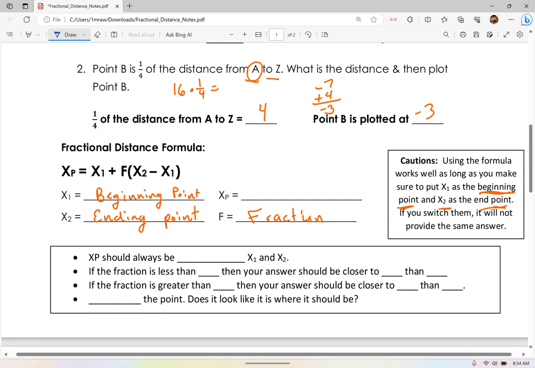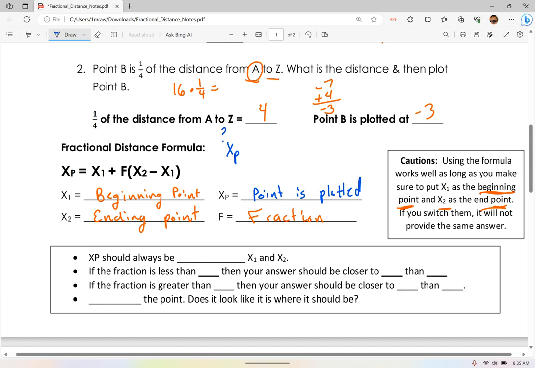Okay, so that's going to be like the distance after the fractional distance, right? So FP is where the point is plotted, right? So if we did this, using this formula, we would say something like this: x of p, because that's what we're looking for.